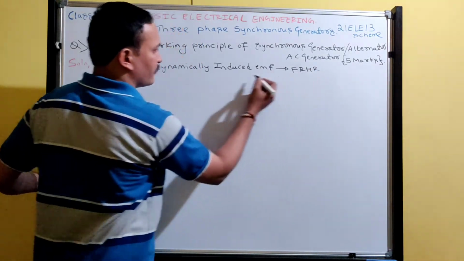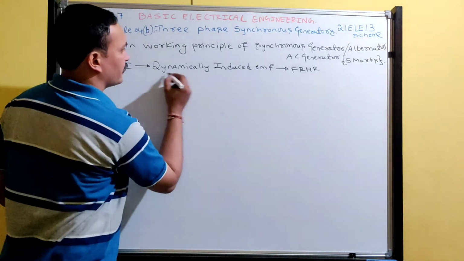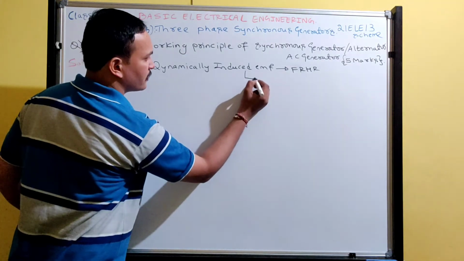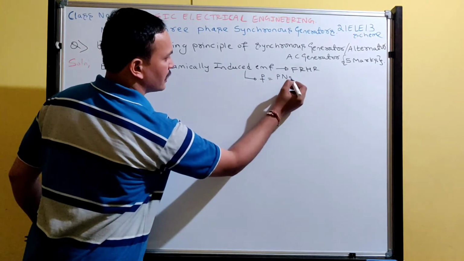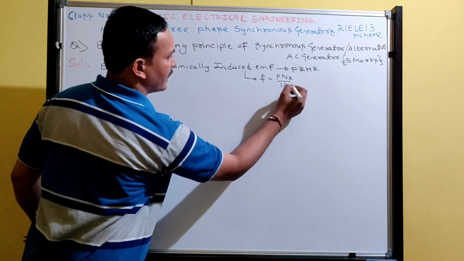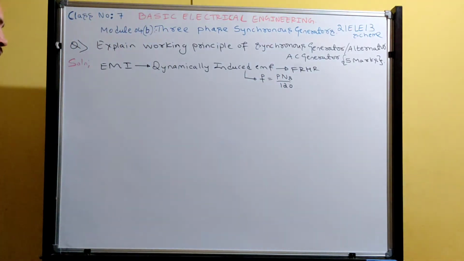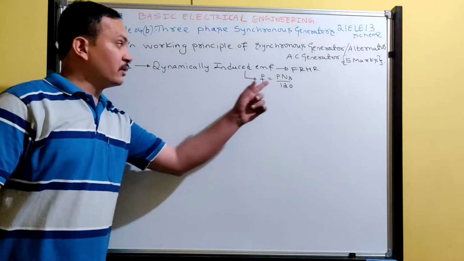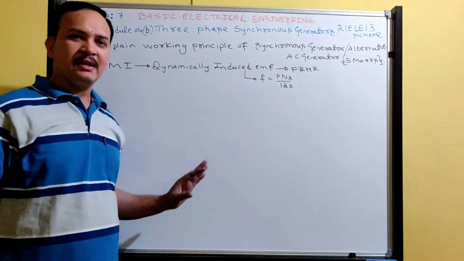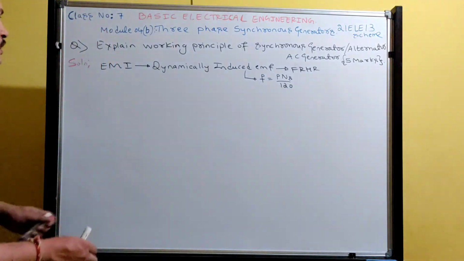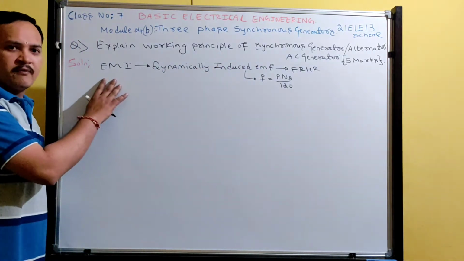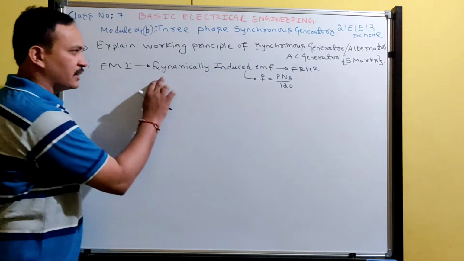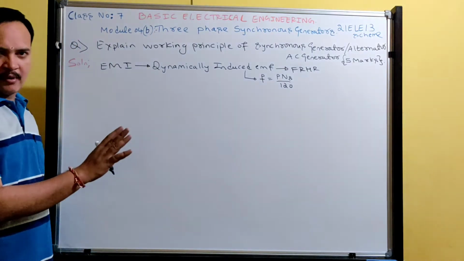And the frequency of this induced EMF is given by the equation f = PNs/120. Okay, got it? So how we got this equation? Everything I will explain in detail. Okay, now see, blindly, alternator works on the principle of electromagnetic induction, that is dynamically induced EMF.